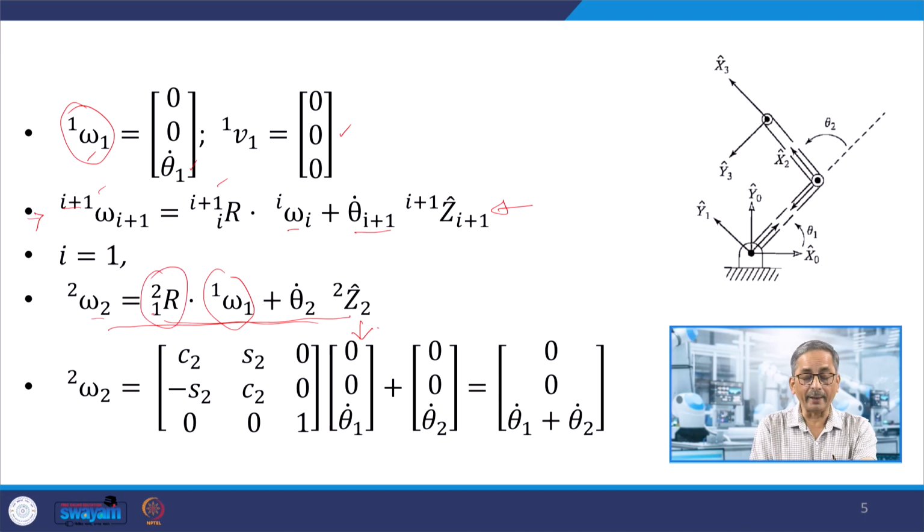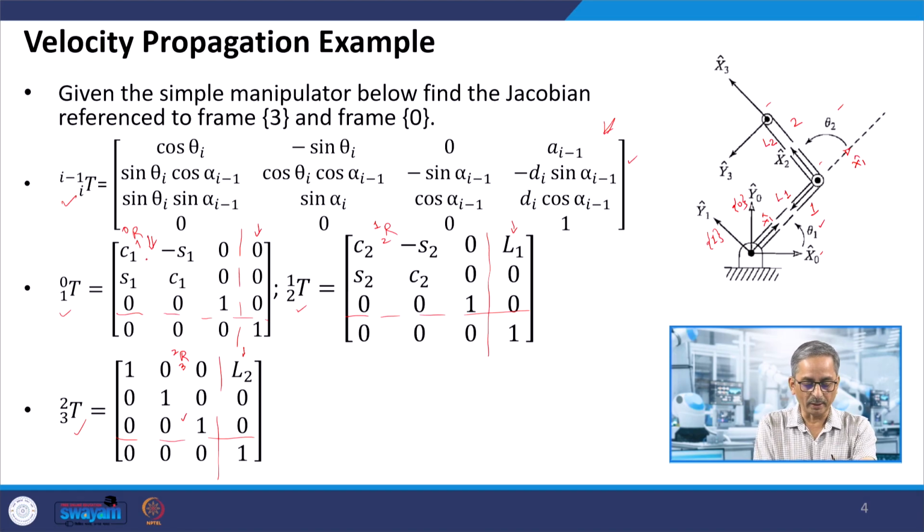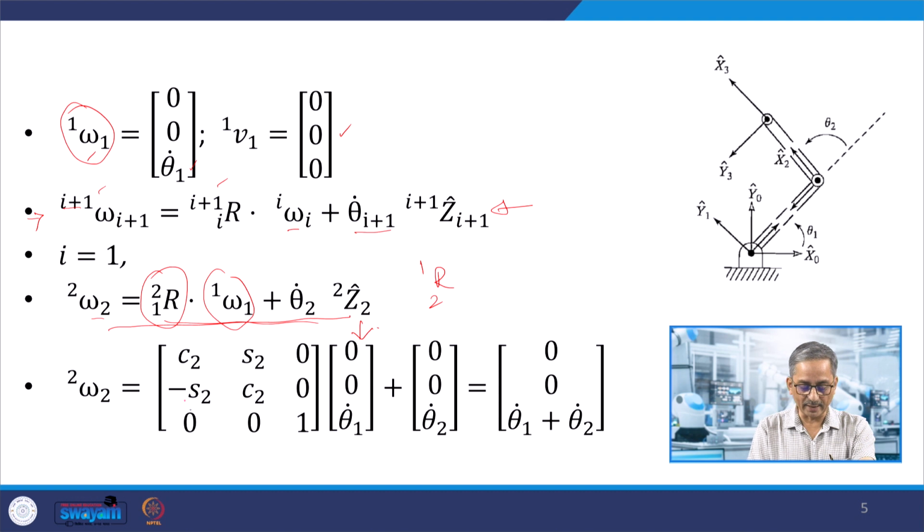R1 with respect to frame 2 is going to be the same as the transpose of R2 with respect to 1. Okay. So, this one we have already evaluated, this one we have already evaluated, this is R2 with respect to frame 1. So, that one I can substitute over here. So, we have these values, and this rotation is about the z axis.